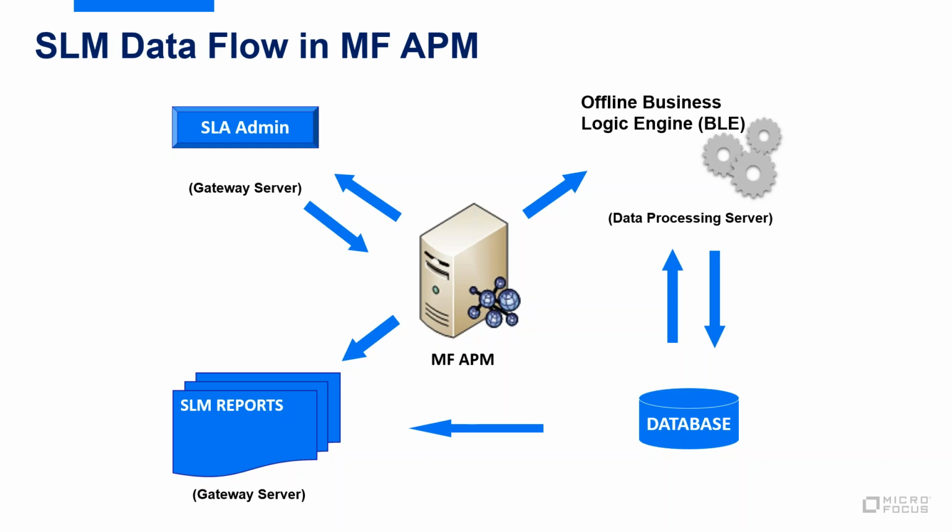SLM reports will show like UM, we can have online and offline reports for SLM as well. So SLA snapshots will give us the current state, and for SLA reports like daily, monthly, weekly, we can go through the offline reports.